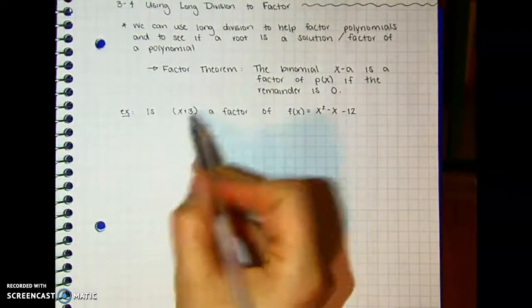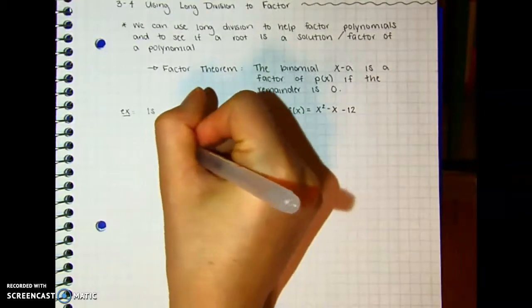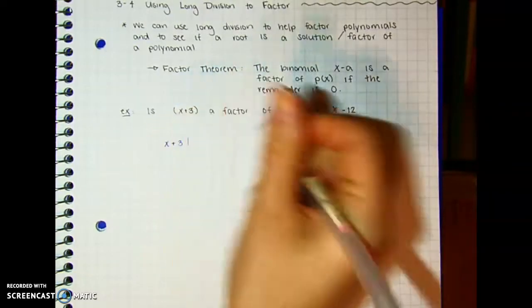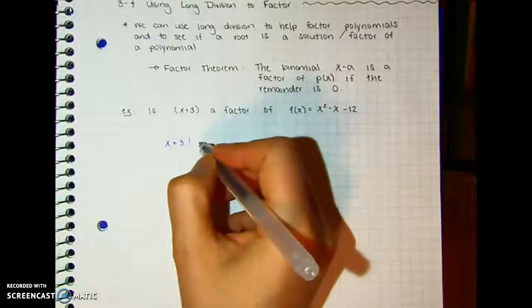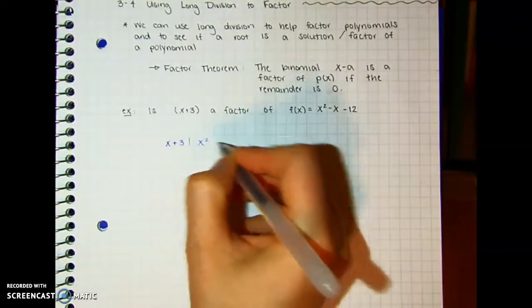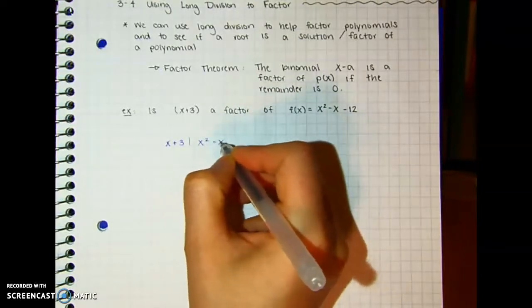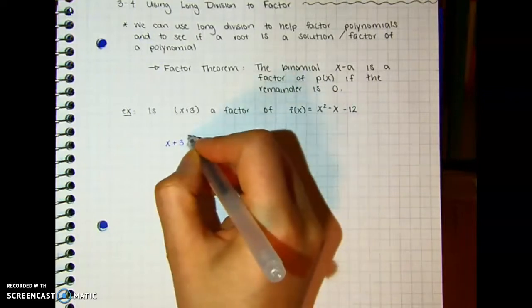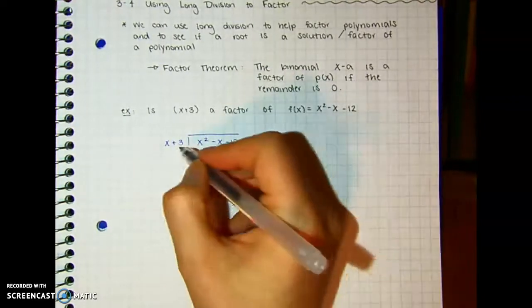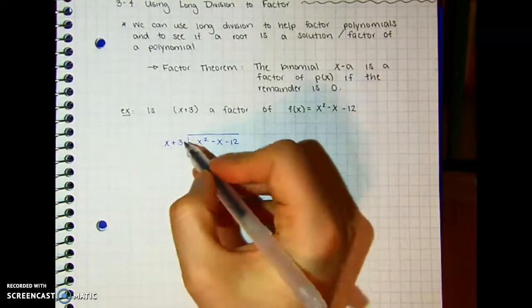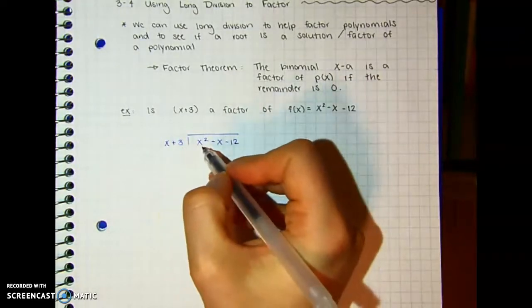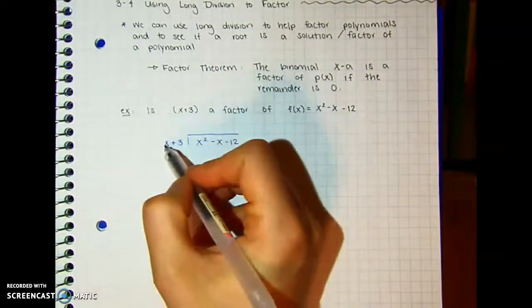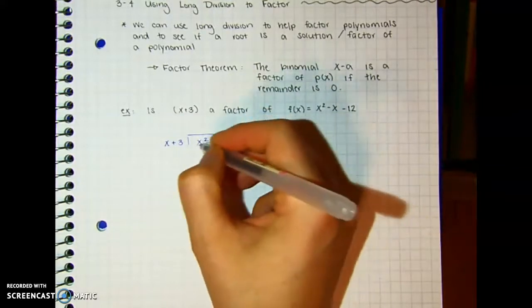To check, we're going to say, okay, let's divide this function x squared minus x minus 12 by x plus 3. So how many times does x go into x? Or what do I need to multiply x by to get x squared?